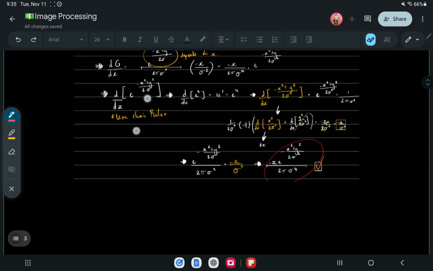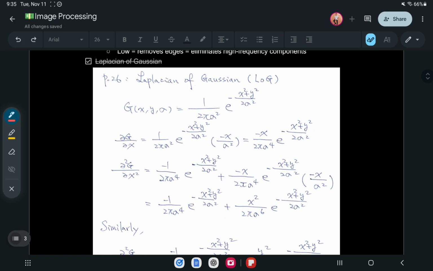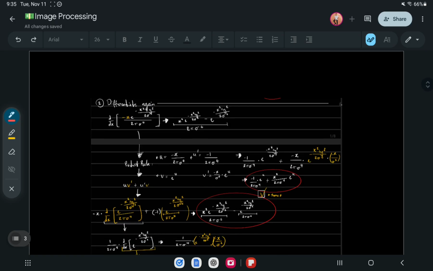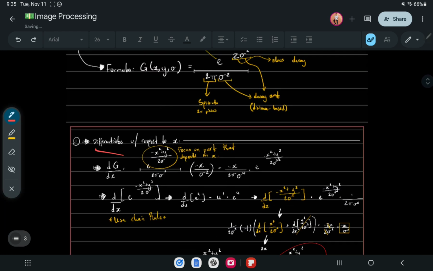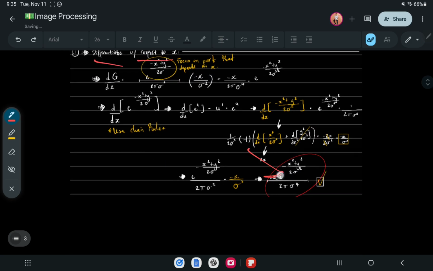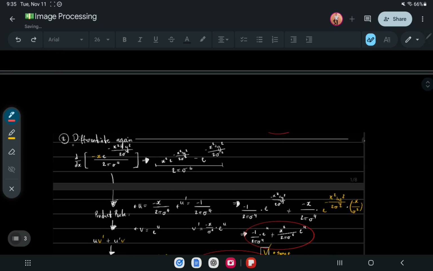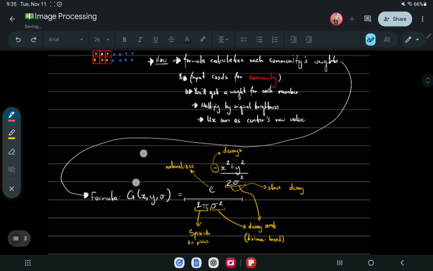And the process we have up here really just seems to be: you take the G formula, differentiate it with respect to x, and you get this. Then you differentiate it again, so you take its second derivative.